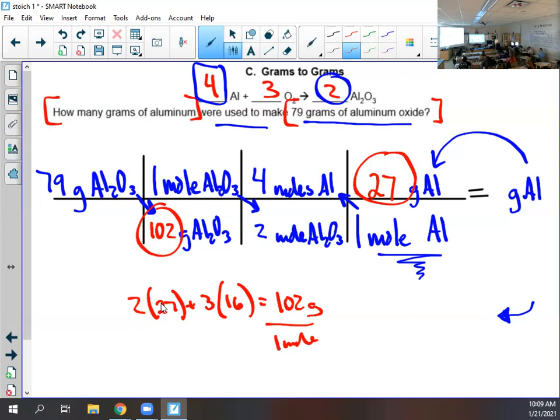I can do math. So if I were you, I would eliminate things that you can in your head real fast. So just this step right here, what's 4 divided by 2? That just reduces to a 2 up here. So 79 times 2 times 27, and divide that by 102.